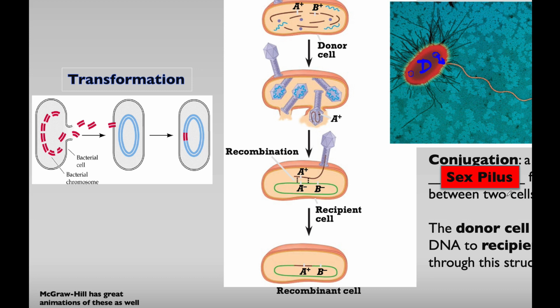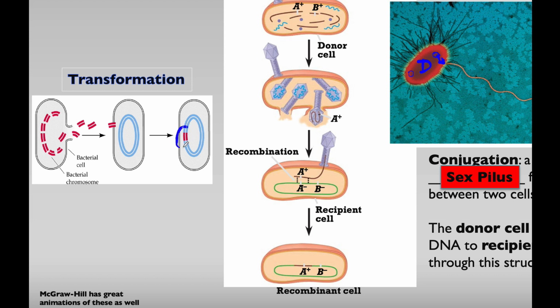The second way that we can have genetic recombination within a bacterial cell is when a bacterial cell dies, it tends to spill out all of its contents. So let's imagine that something happened in this bacterium, its DNA got all chopped up, and there's some bacteria nearby that are ready to accept and bring in these little DNA segments and add them to its own ring-like structure of DNA on the inside.